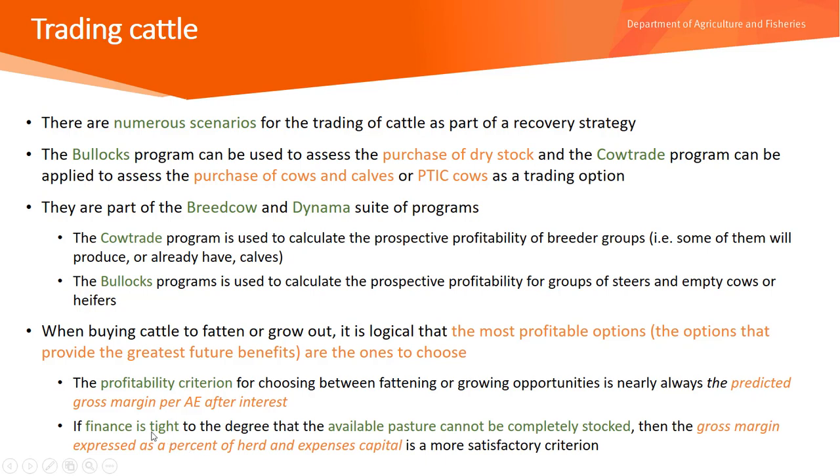But then if finance is tight, it means you haven't got enough capital to stock the available pasture, then the profitability criterion is probably gross margin expressed as a percent of herd and expenses capital. That's probably the more satisfactory way to think about allocating scarce capital resources to buying different classes of cattle, and we'll look at that.